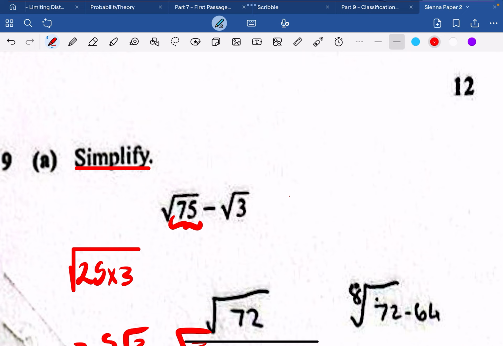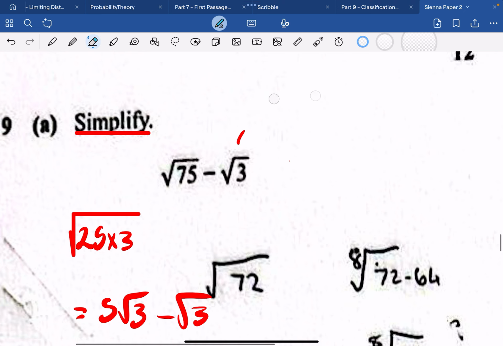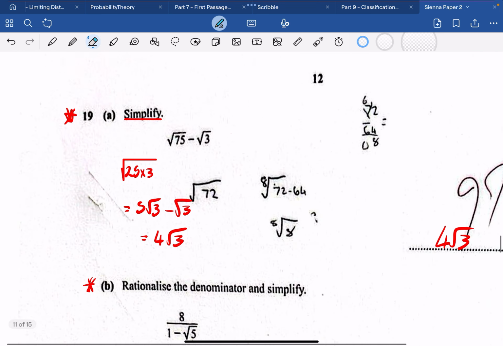Check 9. 9 doesn't look like it's going to go in there. 16 also can't be because this is an odd number. But we know 25 can go in there. 25 times 3. We square root that. 25 is a perfect square, so we just get 5 root 3 minus root 3 to get 4 root 3.